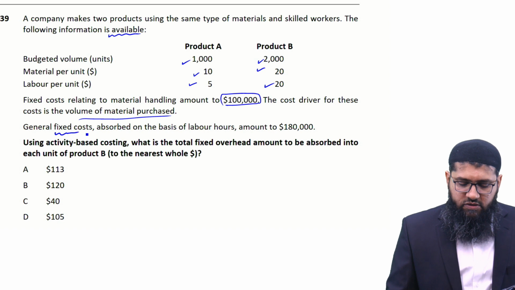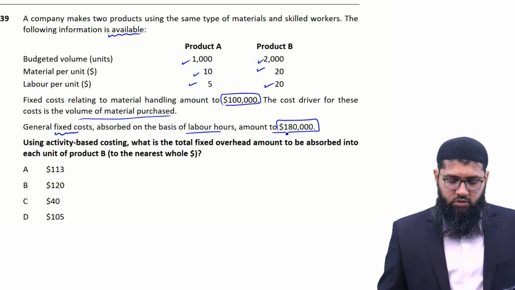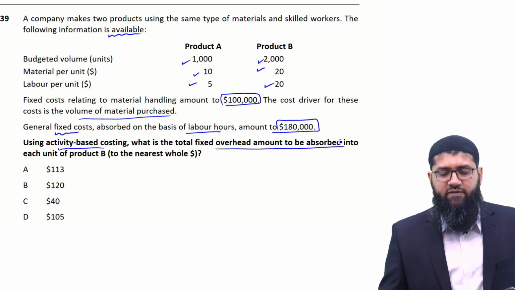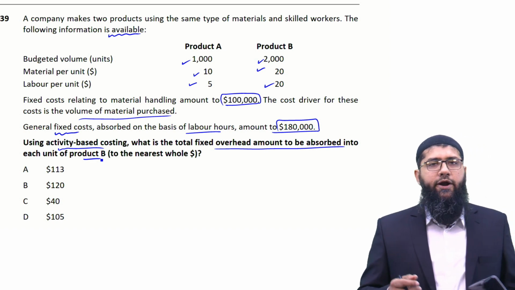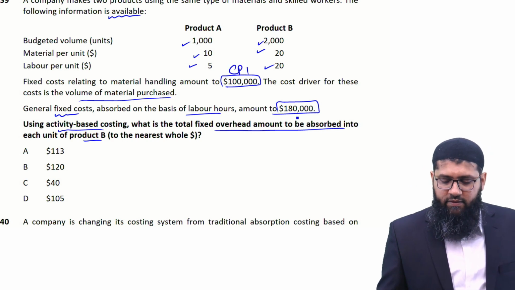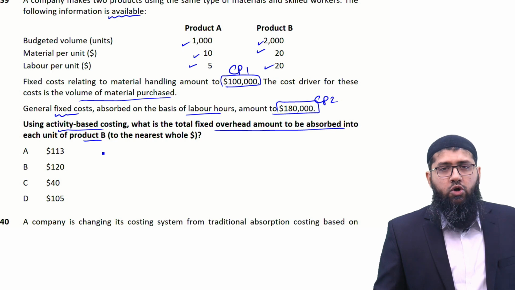General fixed costs absorbed on the basis of labor hours amount to 180,000. Using the activity based costing, what is the total fixed overhead amount to be absorbed into each unit of product B? How would you do it? Again, you have the cost pool. This is cost pool 1, this is cost pool 2. So what do we need to do?